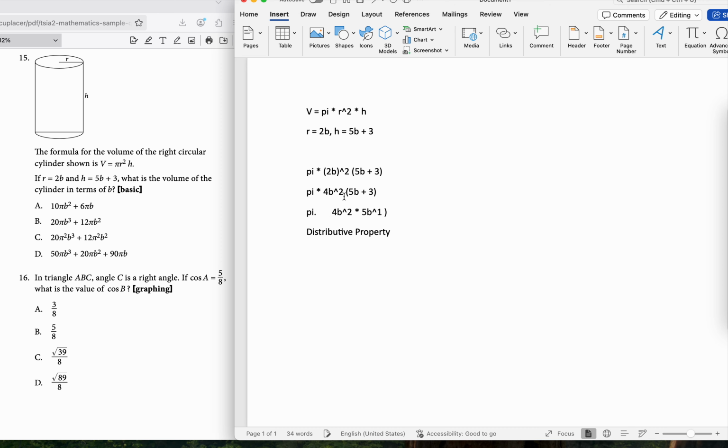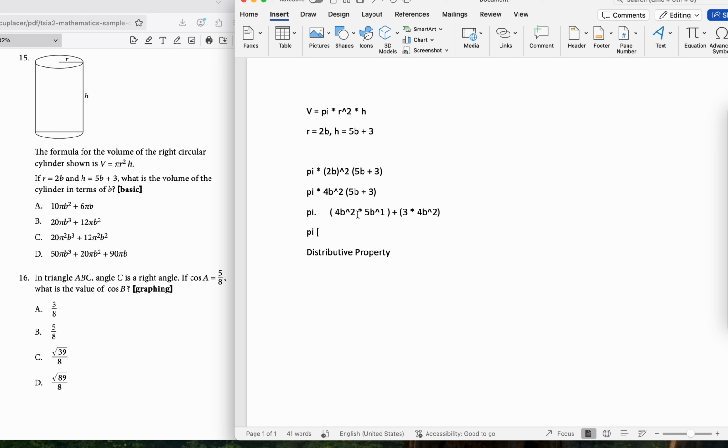And then all of that, you're going to add to 4b squared times 3. So 3 times 4b squared. And so let's not forget that pi. It's still there. It's still being multiplied by this whole thing here.